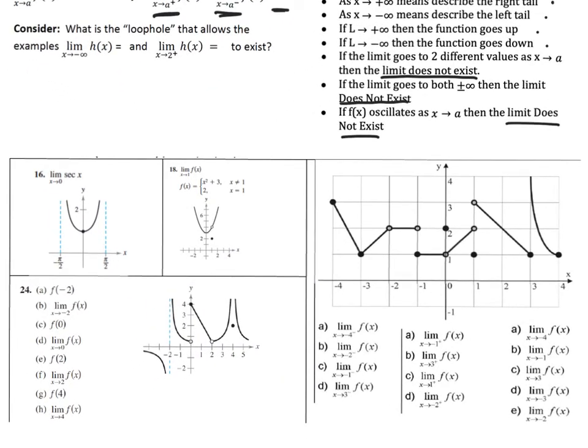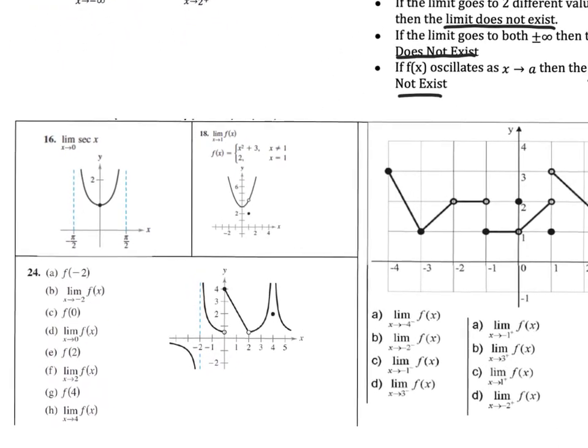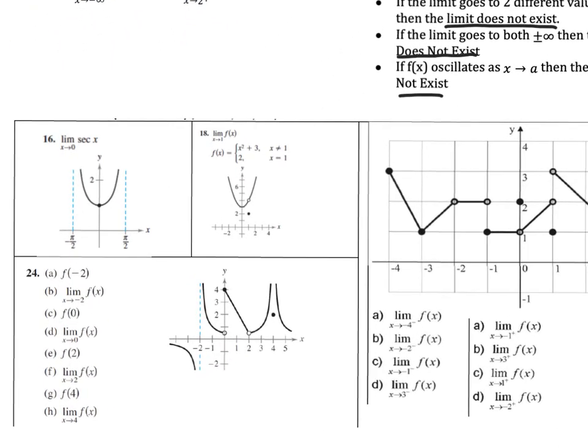So, if we look at example number 16, they are a little out of order. We want to check as x approaches 0 from the left and from the right. Both values are approaching the same value, so we know that the limit is equal to 1.